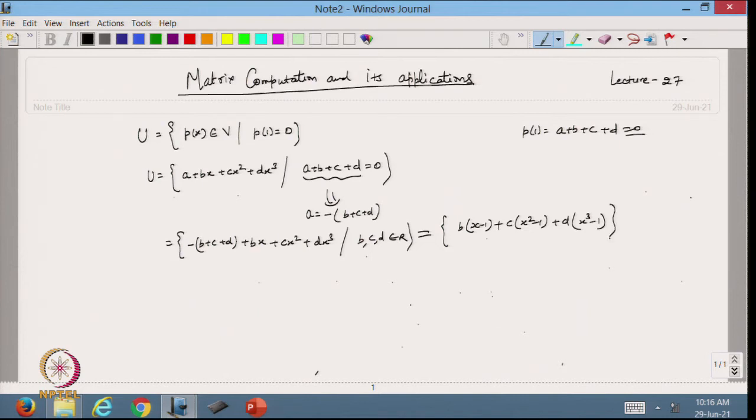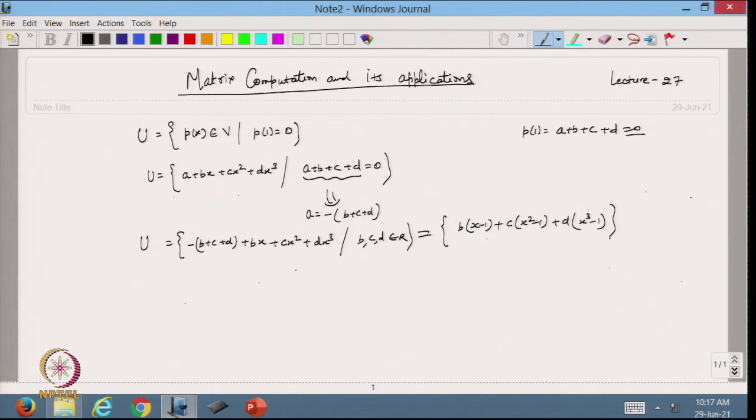So, this is a set of polynomials. From here you can see that this set of polynomials contains only 3 coefficients to be found, that is b, c and d. So, that is my U.